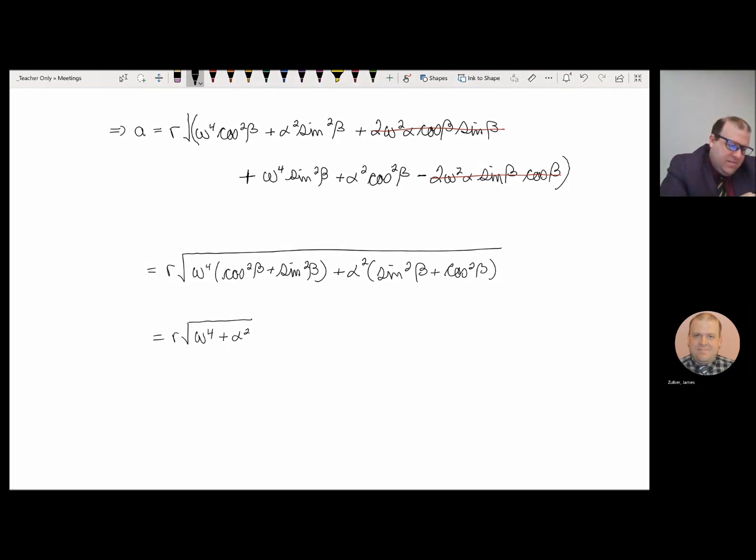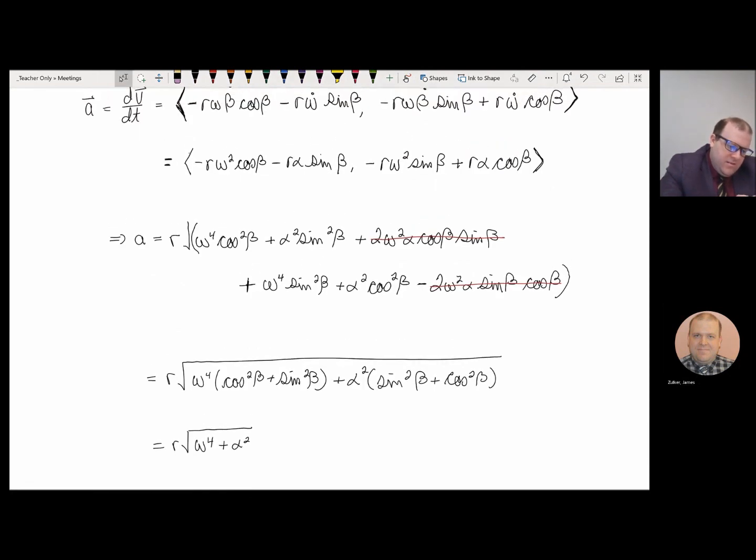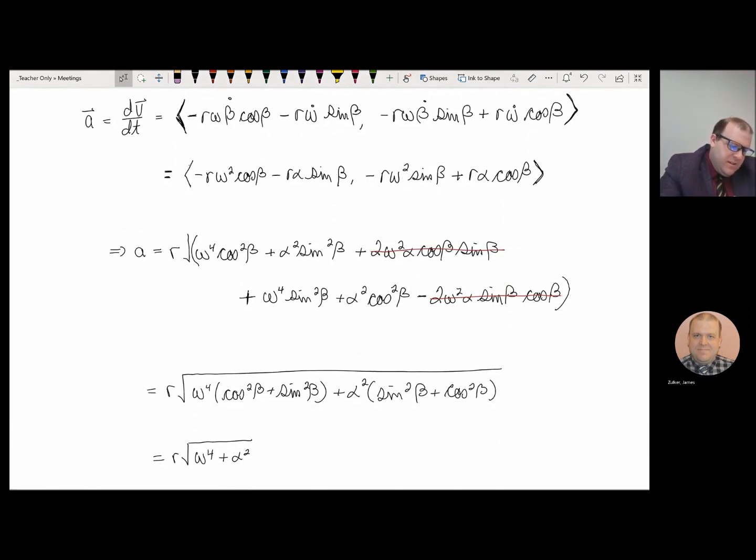First term, the radical. Right, what I did with this is I just factored out the omega to the fourth from the two terms that it's common to.